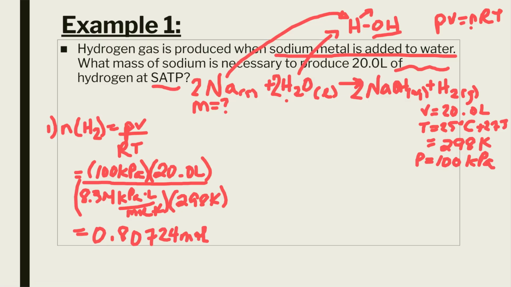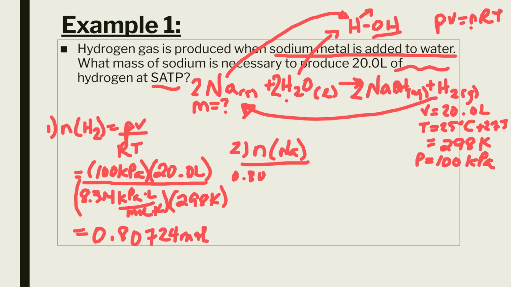And then we need to get all the way over to sodium. This is not a 1-to-1 ratio, so we're going to set up a mole ratio. So my moles of sodium are unknown. We're going to compare that to this mole value of hydrogen gas and then equate it to the constants.